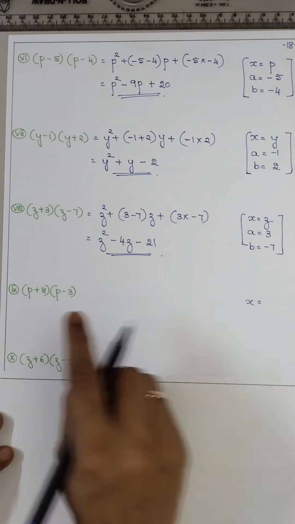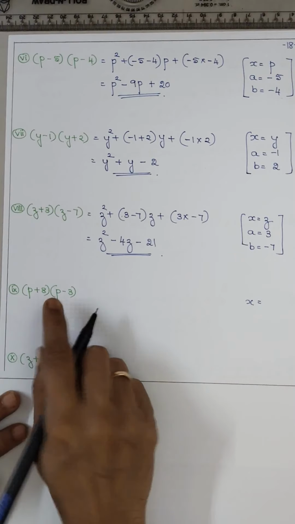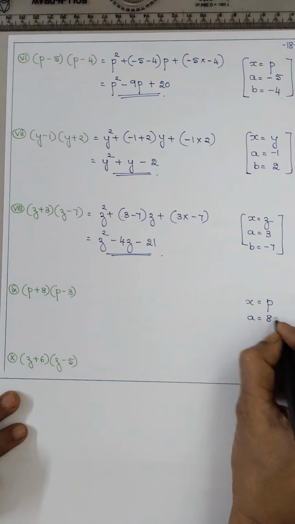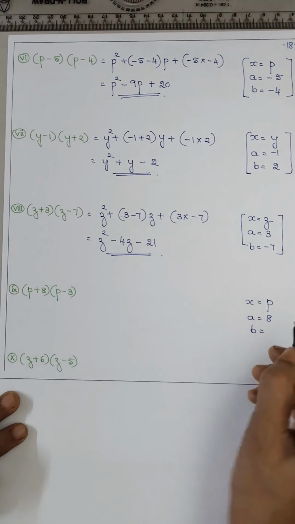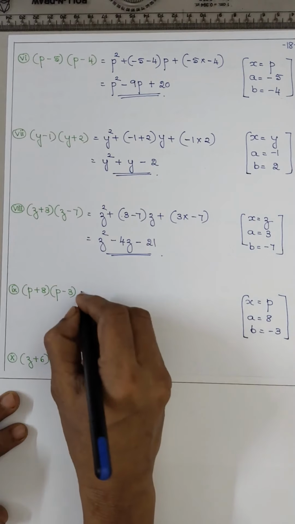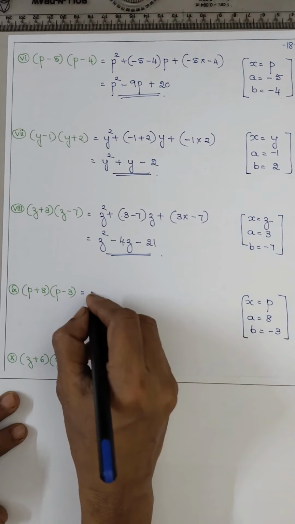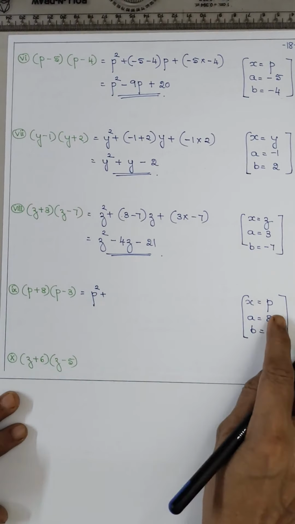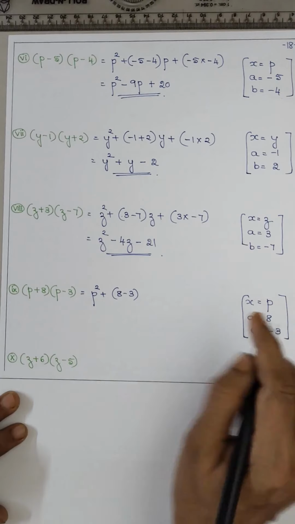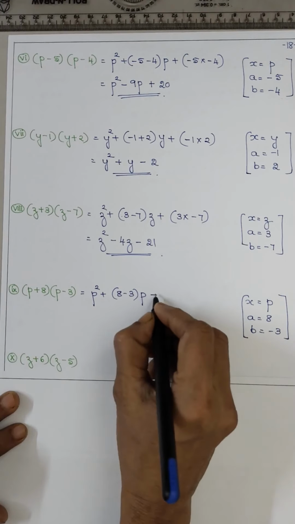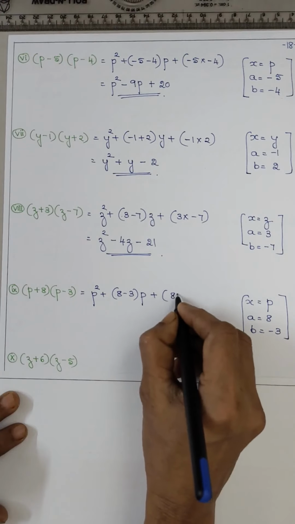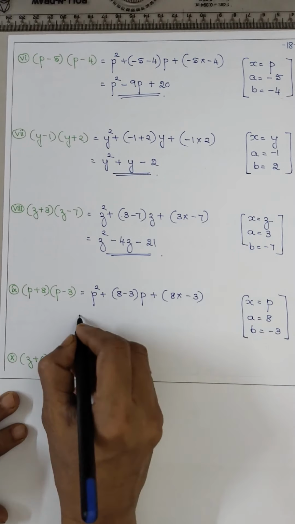Now coming to the ninth sum, x is p, a is 8, b is minus 3. X squared is p squared, a plus b, 8 minus 3, into x, that is p, a into b, 8 into minus 3.